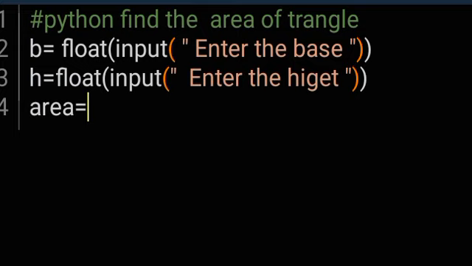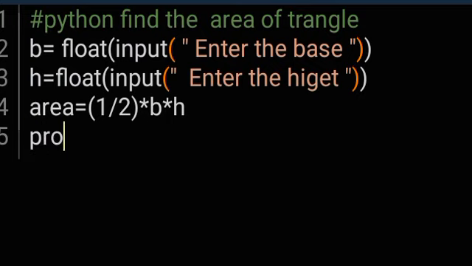Either you write it in brackets, put 1 over 2 multiplied by base times height. Our base is B, while our height is H. So now I've entered that.